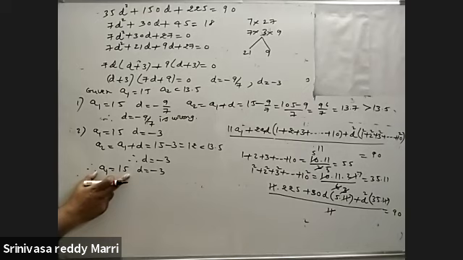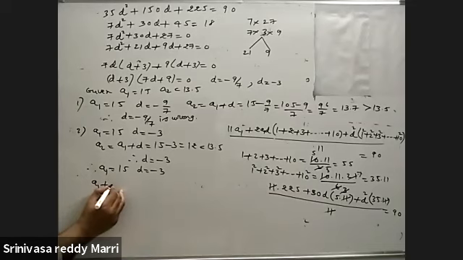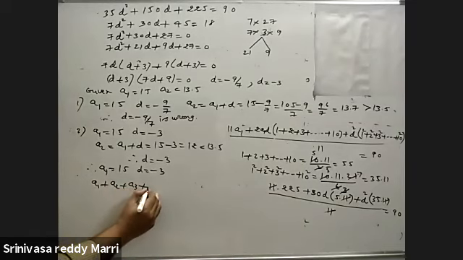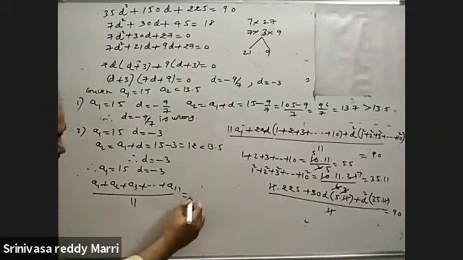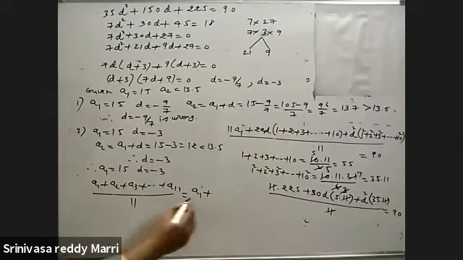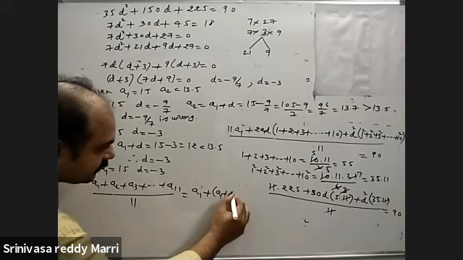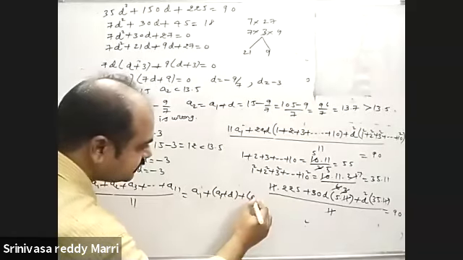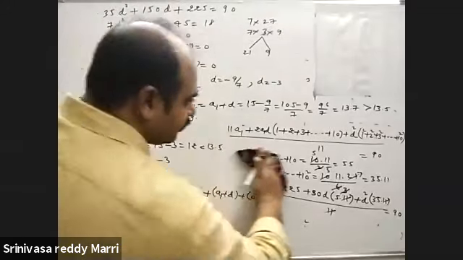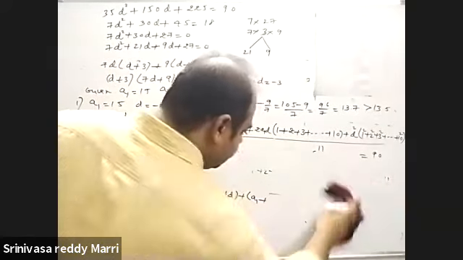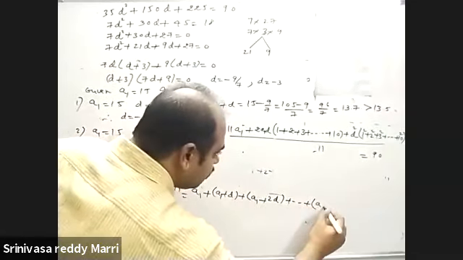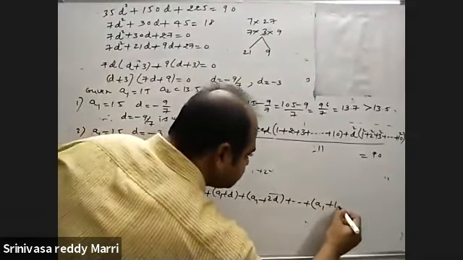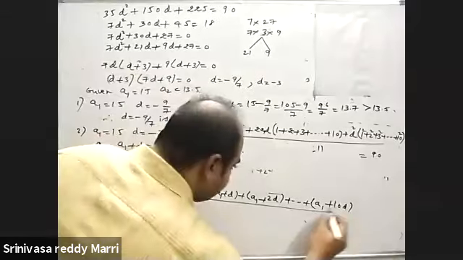So therefore, from the given information, you know that A1 equal to 15, D equal to -3. For that AP, first term is 15 and common difference is what? -3. But he is asking the value of A1 plus A2 plus and so on up to A11, divided by 11. Now what he is asking? A1 plus A2 is nothing but A1 plus D, plus A3 is nothing but A1 plus 2D, plus and so on, A1 plus 10D, divided by 11.